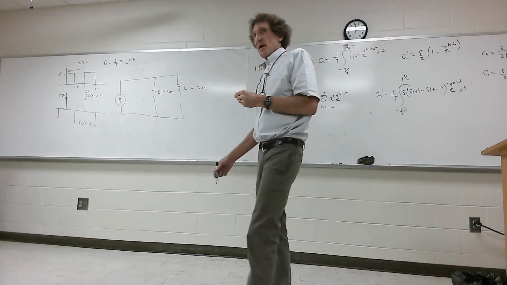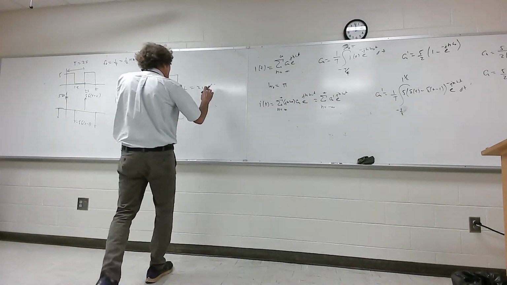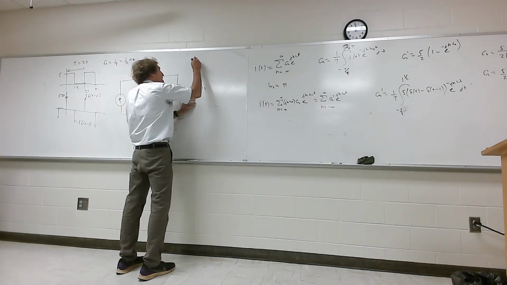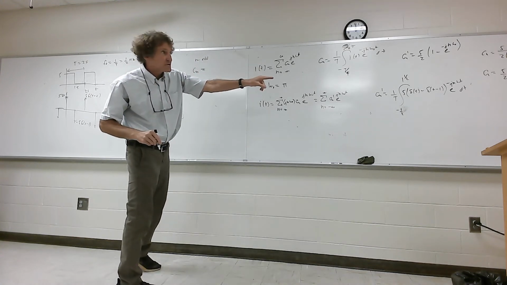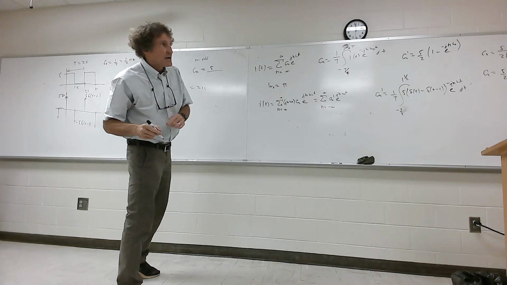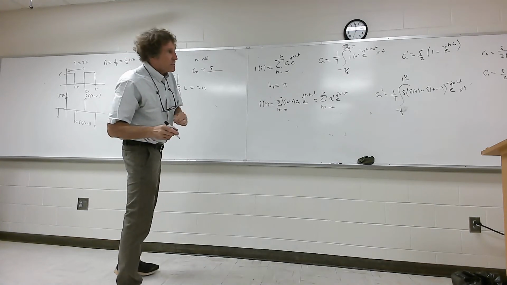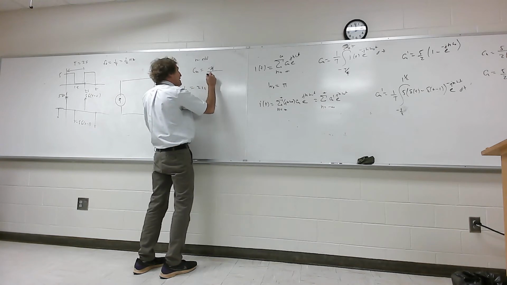Now, what about even values? What is e to the j 2 pi, or e to the minus j 2 pi? 1. 1 minus 1 is 0. For all the even values, it's 0. Y'all follow me? For all the odd values, the top part becomes 2. So I can say that c of n, n odd, is equal to simply 2, and the 2 downstairs cancels, so I have 5 over j n pi, or really I can say it's minus j 5 over n pi.